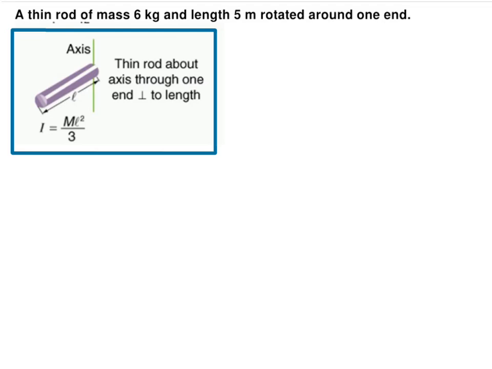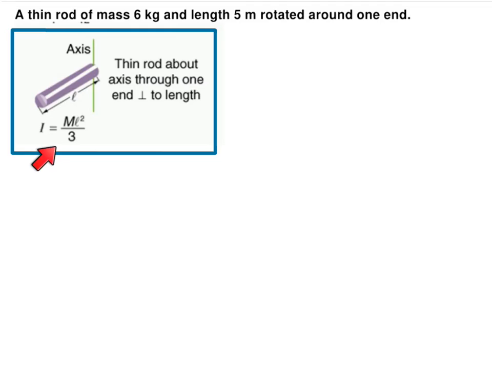So if I'm only given this information up here, I'm going to look at my reference sheet for moments of inertia, and I'm going to be looking for a thin rod that is rotated around one of its ends, and I'm going to be looking for this picture right here. So that's the picture I would look up. This axis of rotation is at the end of the rod, so that's the one I want.